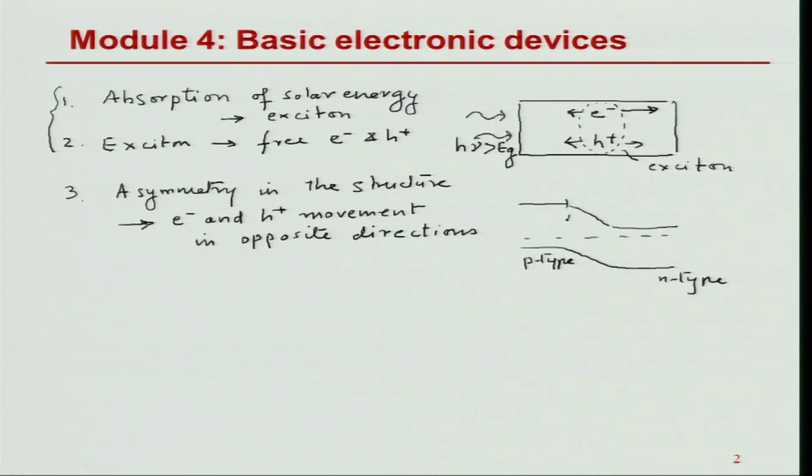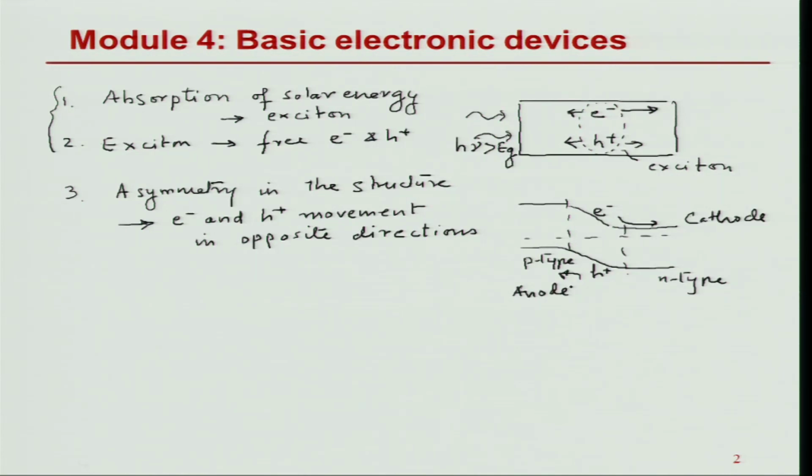And in equilibrium, such a junction has a built-in field, which means if I have an electron here, by its natural field it will go towards this end, which we will call the cathode, and a hole here will go towards the other end, which will be called the anode.